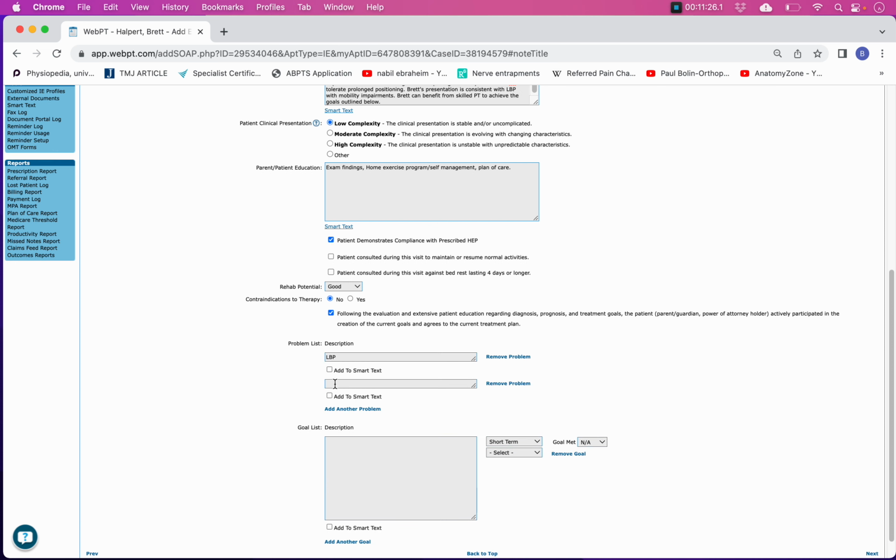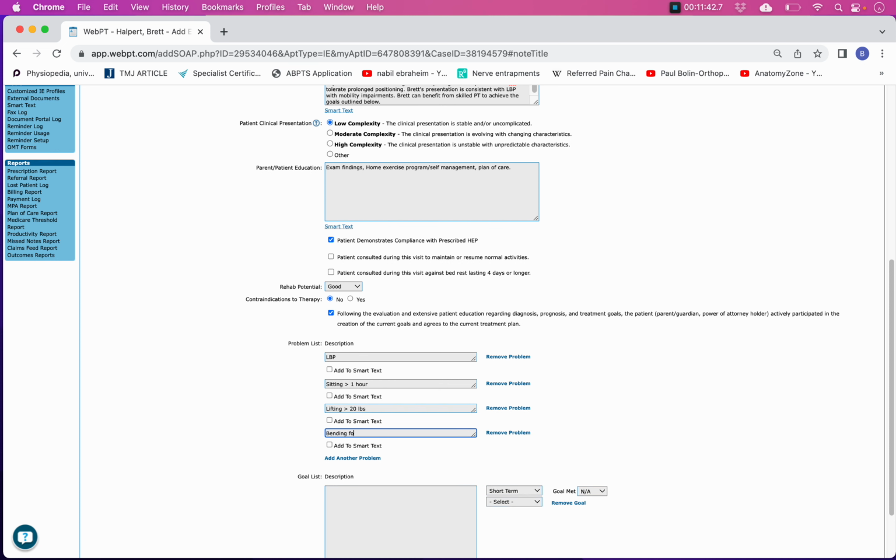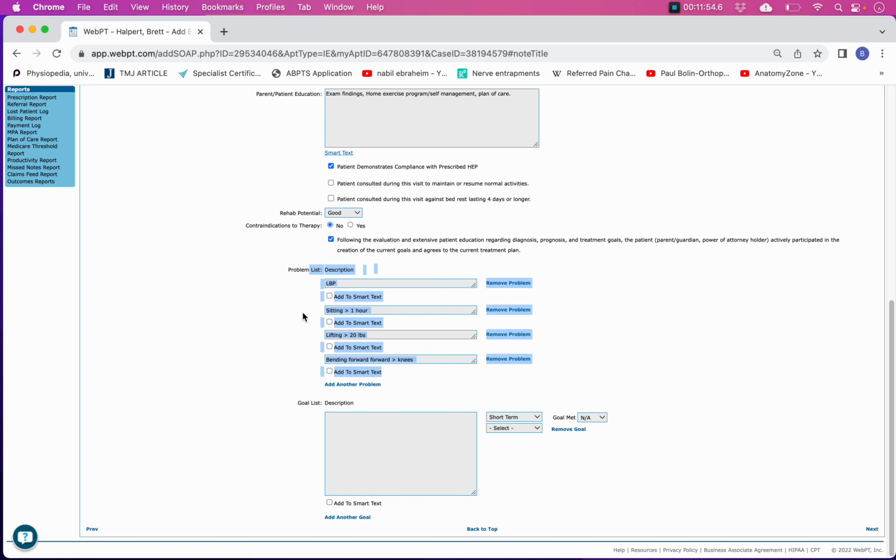And then going back to what we mentioned earlier: sitting over 1 hour, lifting over 20 pounds, bending forward past knees. So that way somebody looking at this, whether it's another PT, an insurance person, etc., can say, all right, they're limited in these activities and know that PT is needed.